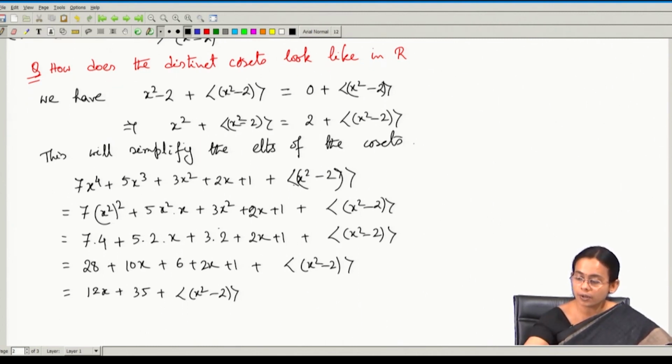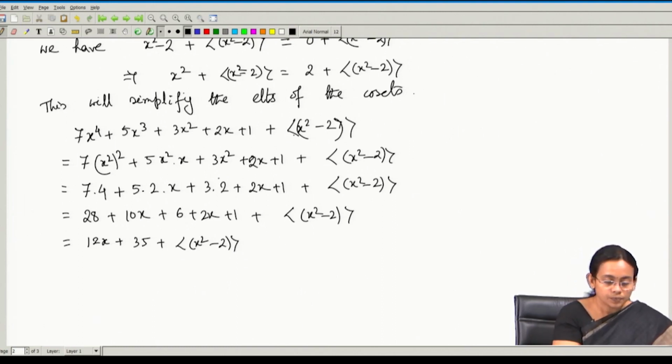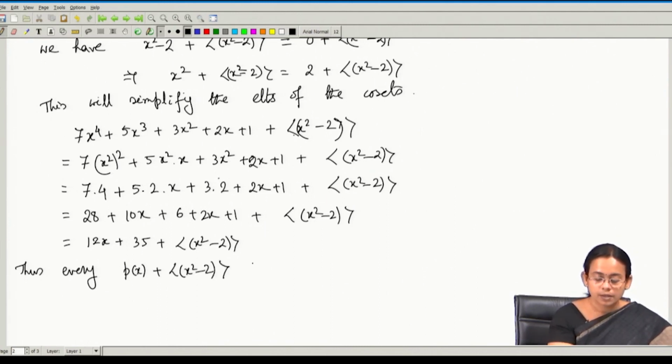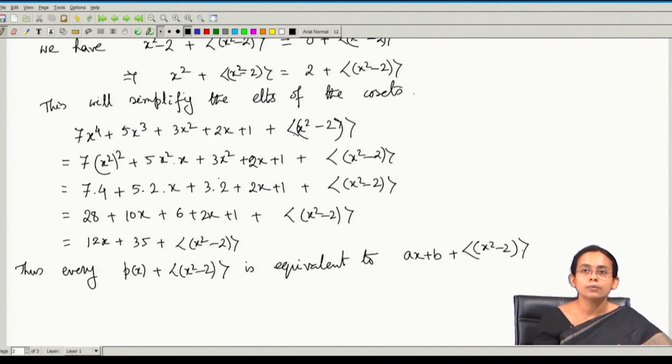So, that means every element in this quotient ring will be of the form a x plus b, because x square and all the higher order terms can be replaced using x square equal to 2.